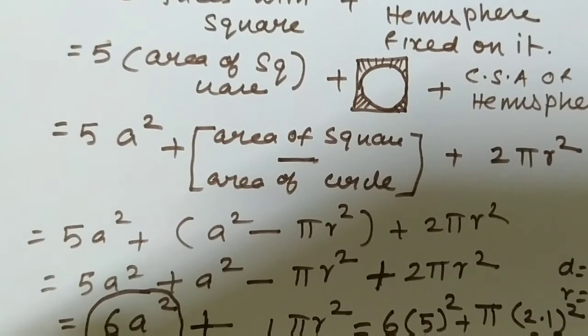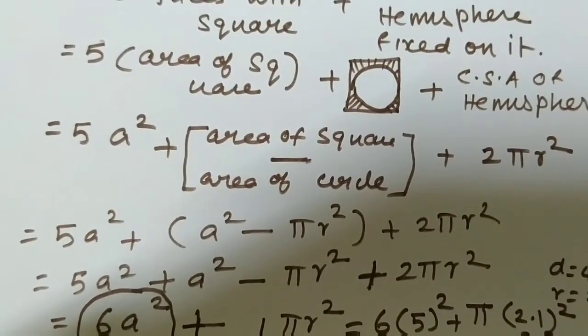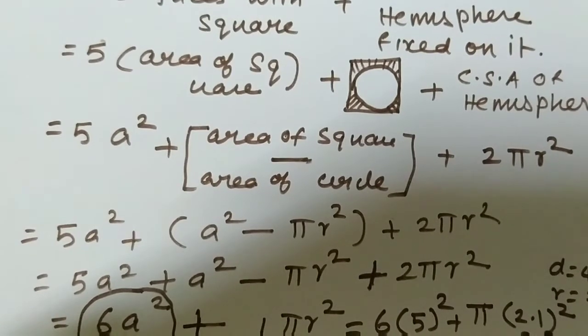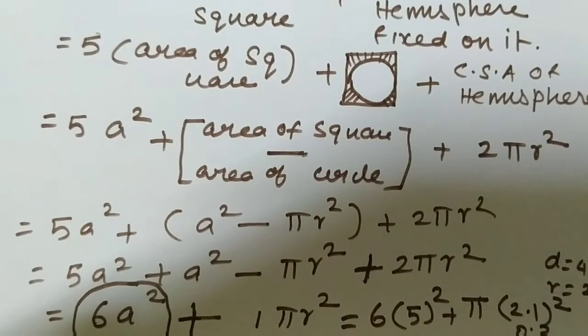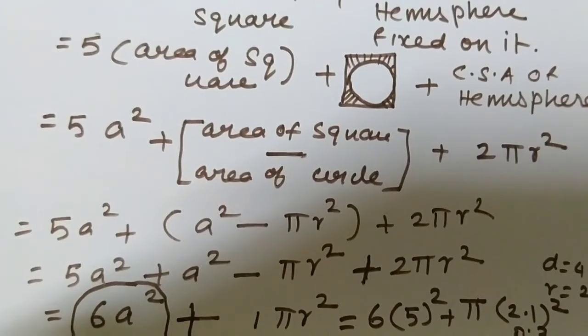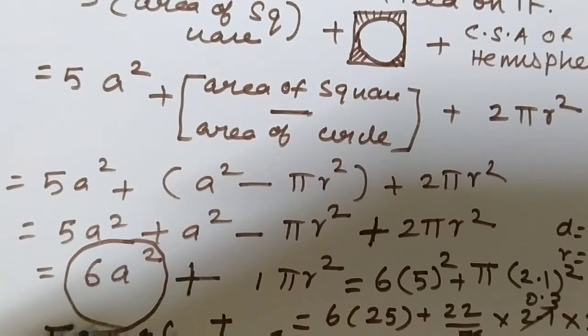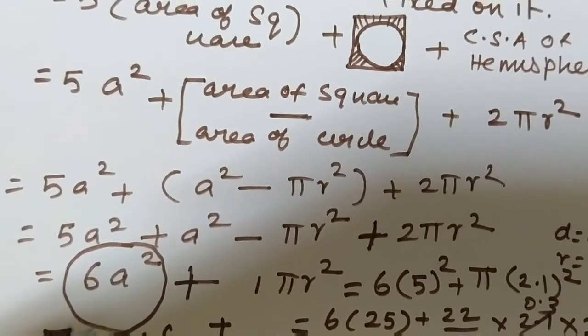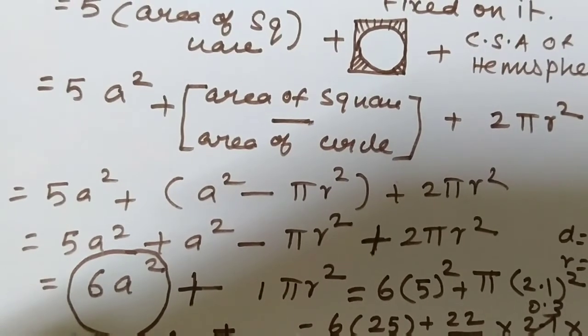Here the basic concept is that we are calculating the surface area for 5 faces of the cube plus the 6th face of the cube with a hemisphere fixed on it. So finally 5a square plus a square is 6a square. Now we can understand that we have used the total surface area formula.